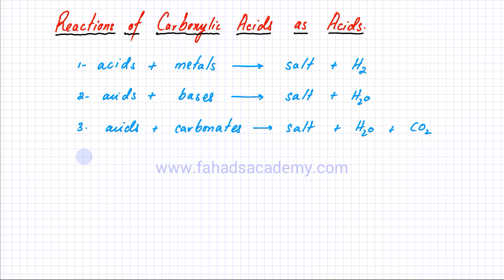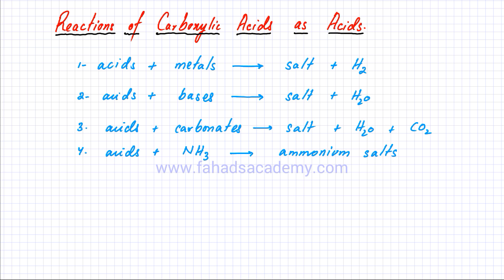And the fourth reaction was that acids react with ammonia, which is NH3, and they would produce ammonium salts. So these were the four typical reactions that acids had.